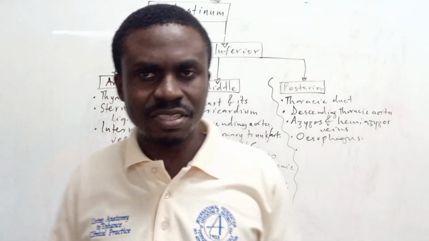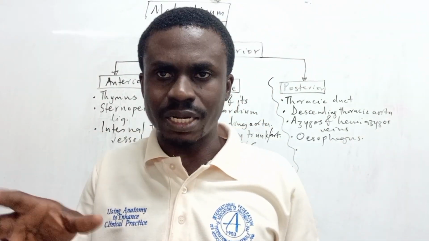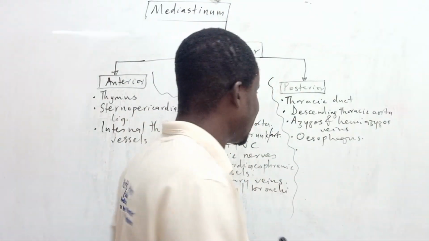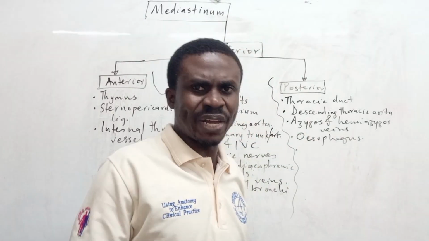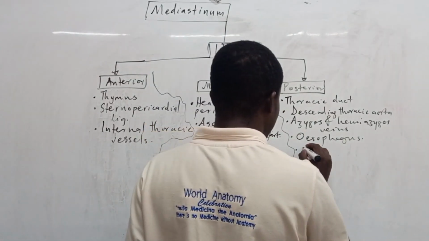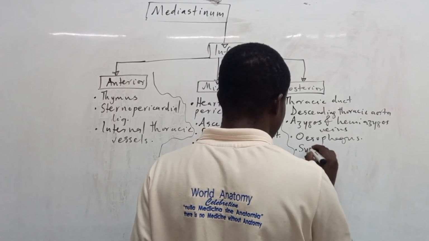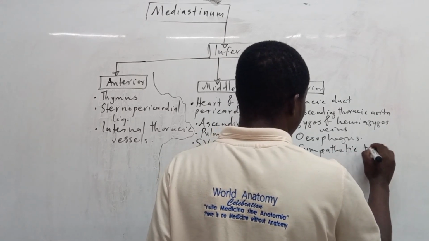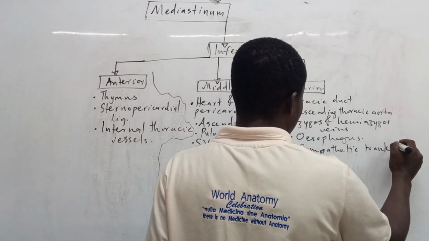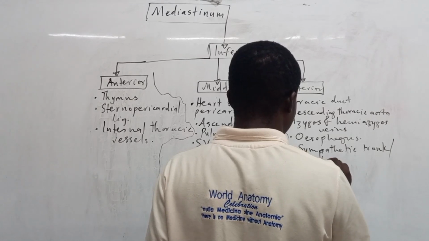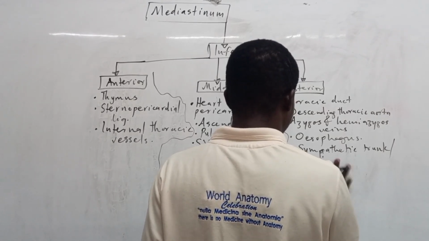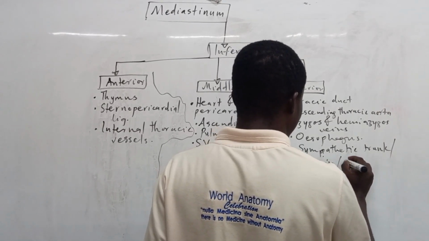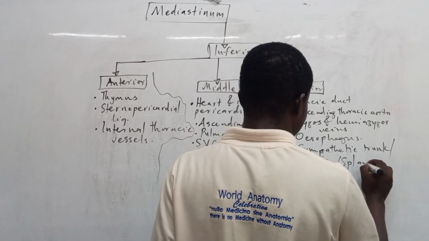Now the sympathetic trunk or chain will eventually give us the splanchnic nerves, the thoracic, greater splanchnic, lesser splanchnic, least splanchnic nerves. So let me say sympathetic trunk or ganglia, or let me make it chain, and then let me also put down splanchnic nerves.